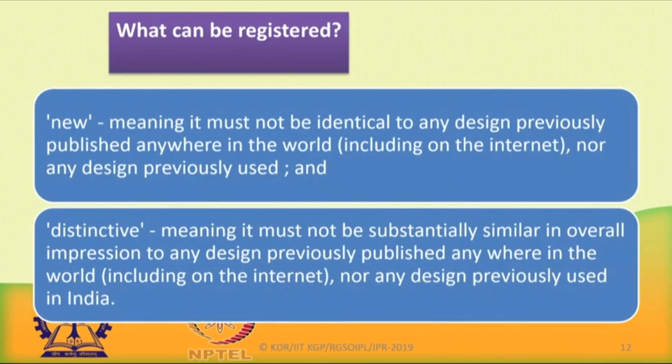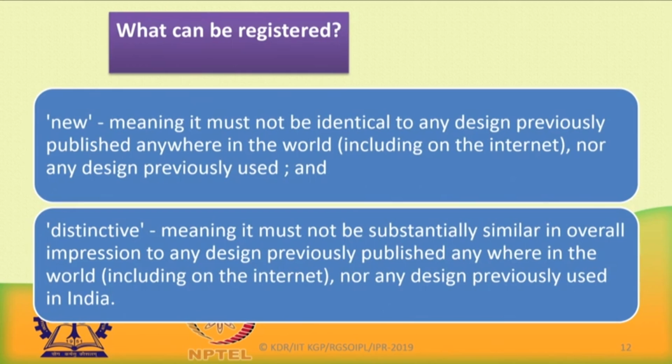And you can see what the requirements are for a design to be registered. It must be new. It must be new in the sense that it must not be identical to any design previously published anywhere, or previously available in the market.